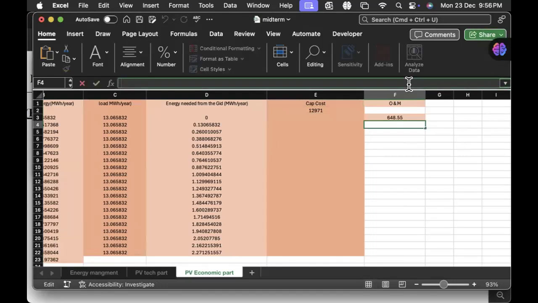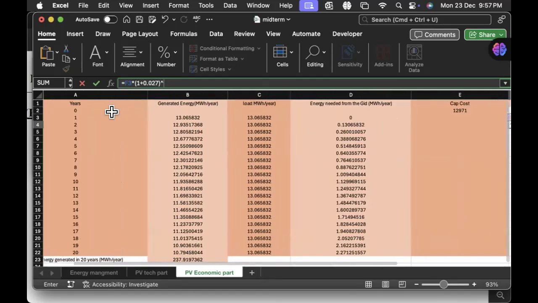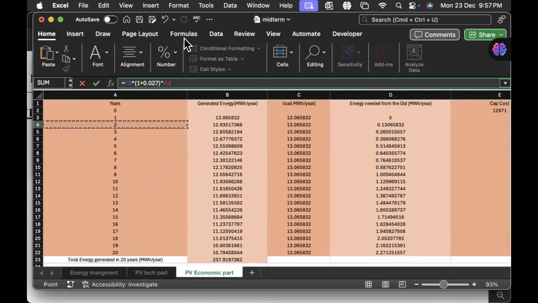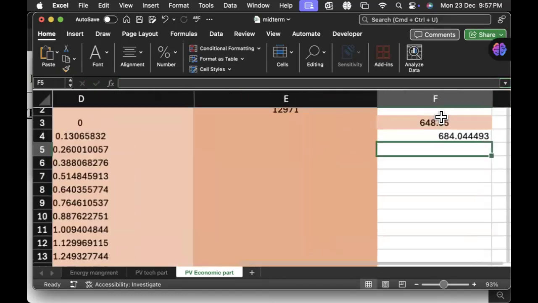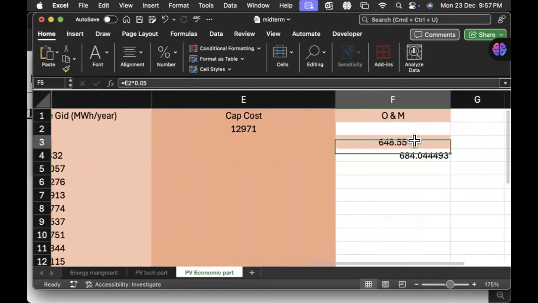So starting from year number 1, we are going to apply the equation, which is the present cost times (1 plus i), which is 0.027, so 1.027, to the power n. So this is the effect.